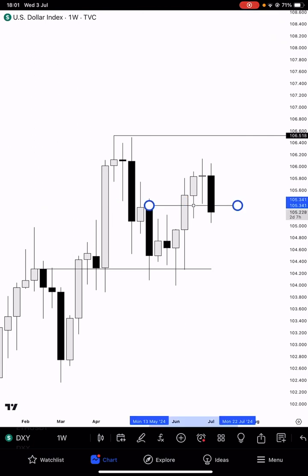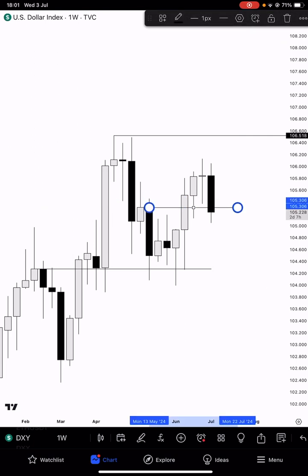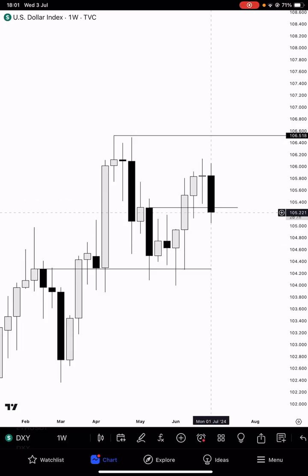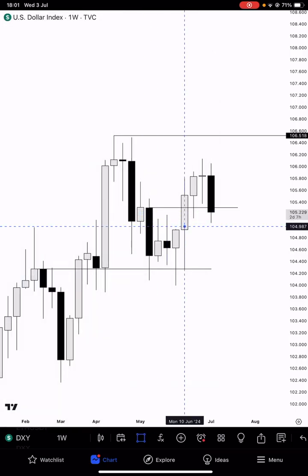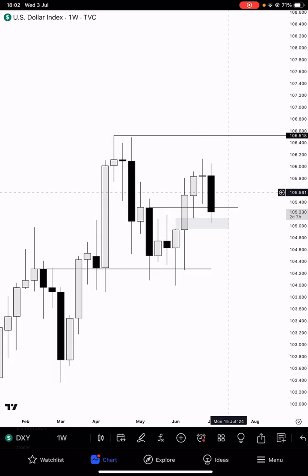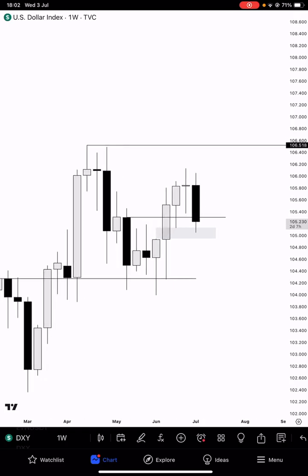Right now we are retesting the body where the major portion of the candle volume resides, while tapping into this weekly FVG. Not financial advice, but I just give you the bias, what I think will happen. The invalidation will be if we close on a weekly basis under this weekly FVG.